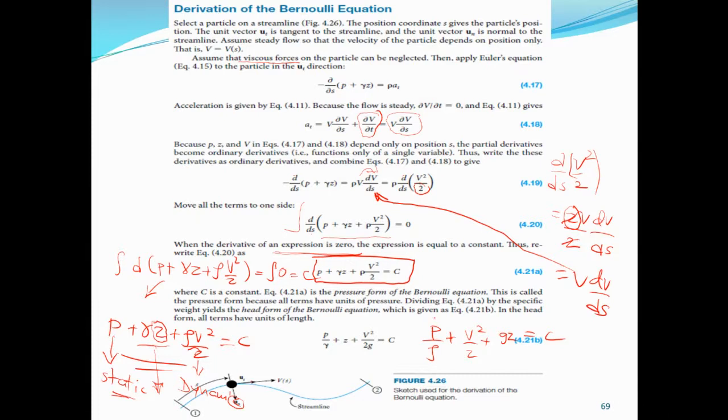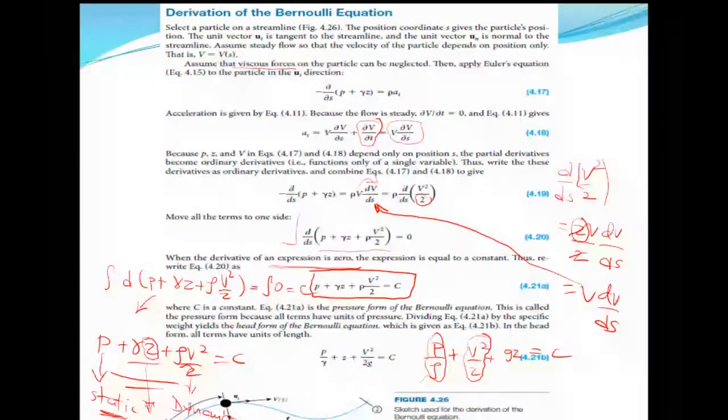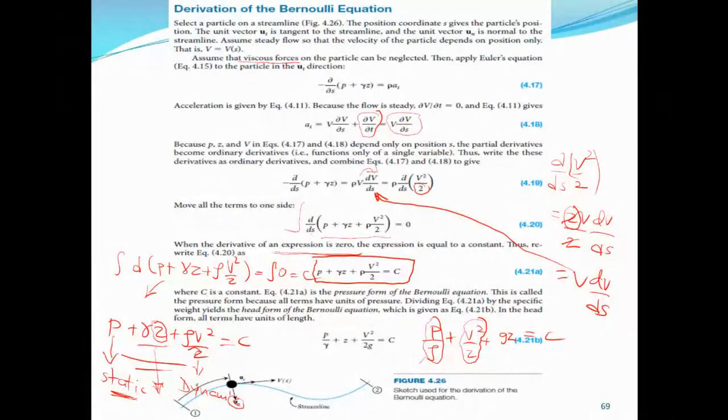And this is the energy form, which is per unit mass. Here, this we call the flow work, the flow energy, which is a result of the static pressure, or the pressure force acting. The second one we call the kinetic energy, which is a result of the dynamic pressure, constituting the dynamic pressure.